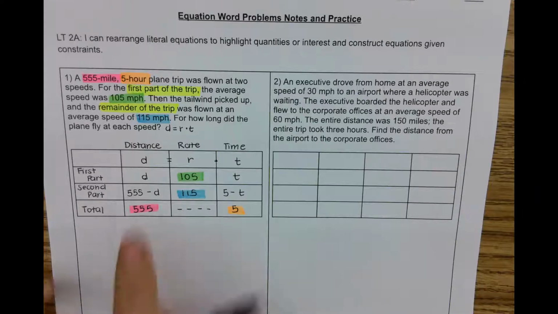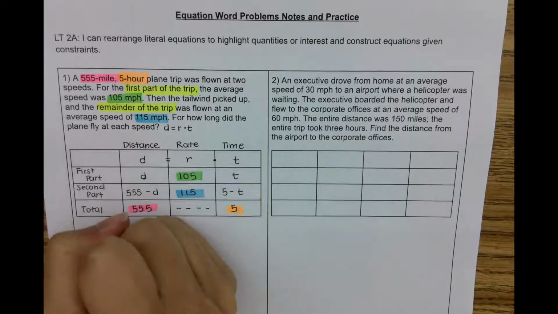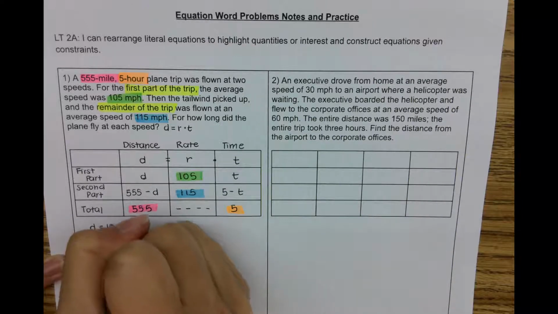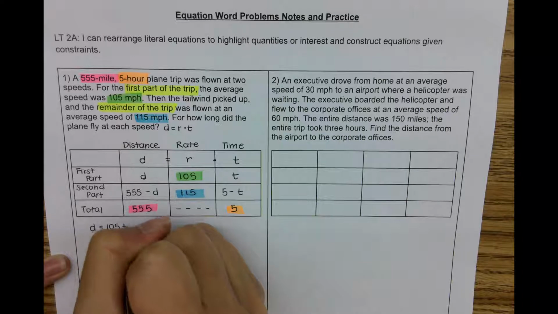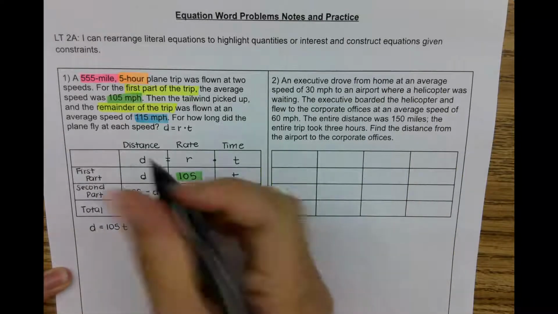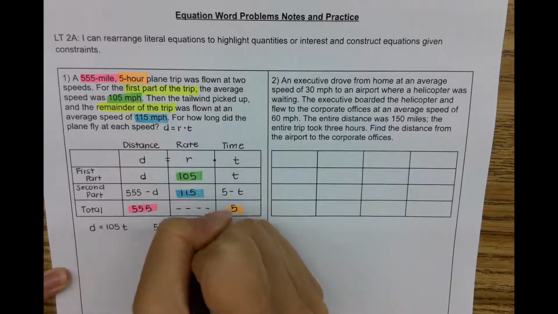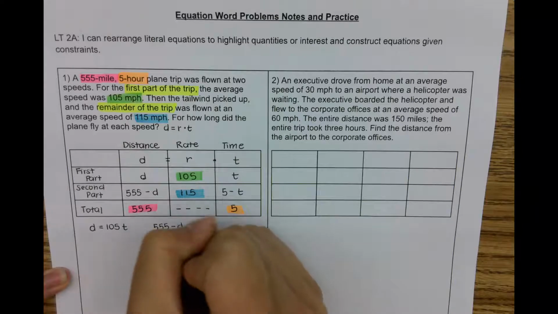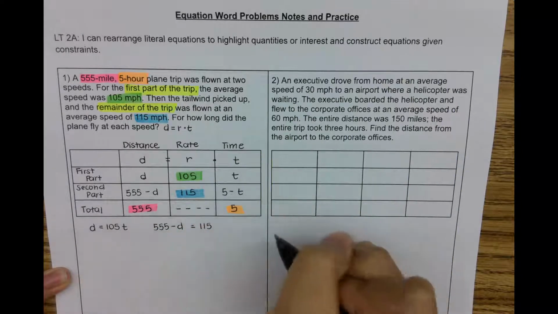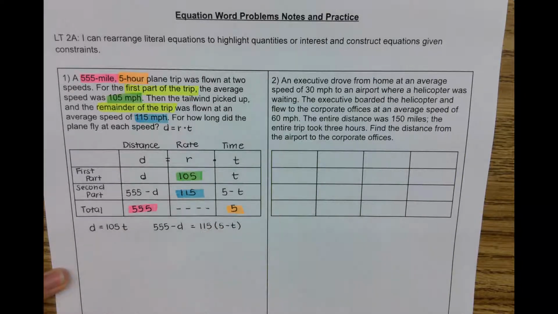From this first row, my first part can be written as d equals my rate, which was 105, times my time, t. The second part was a distance of 555 minus d, with a rate of 115 times a time that was 5 minus t.